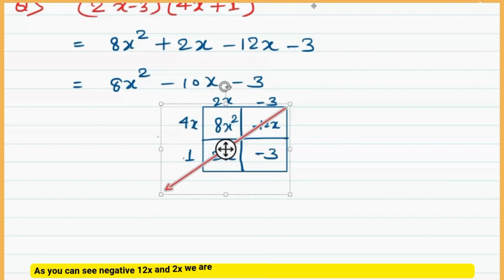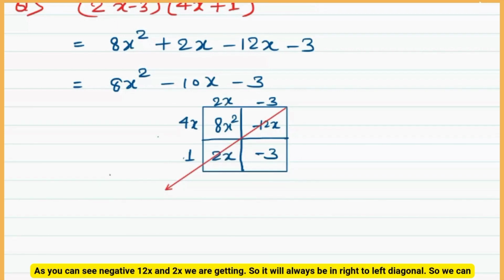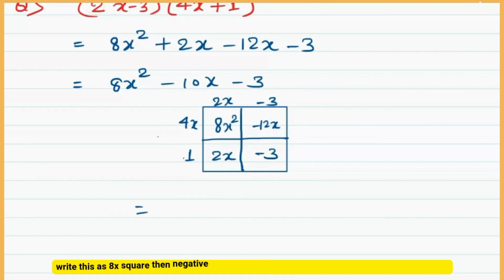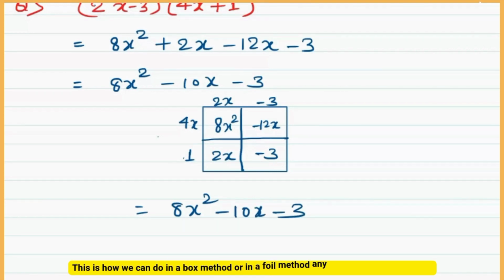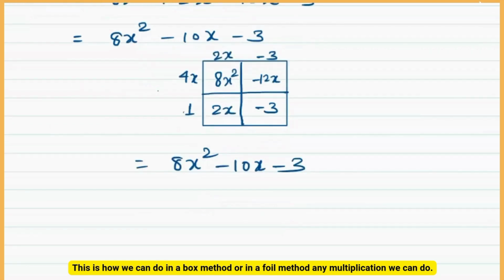As you can see, negative 12x and 2x we are getting, so it will always be in the right to left diagonal. So we can write this as 8x square, then negative 12x plus 2x, so minus 10x, minus 3. So this is our answer. This is how we can do any multiplication in a box method or in a FOIL method.